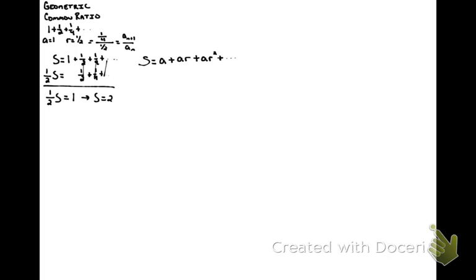So we've got something like this. Now if we were to multiply both sides by r, we would end up with, again, every single term in the series, with the exception of the very first term.